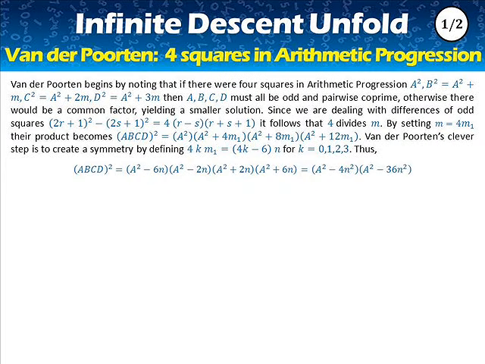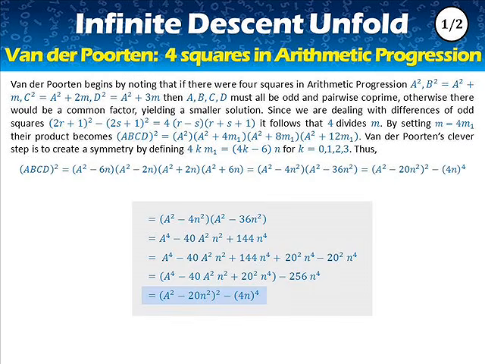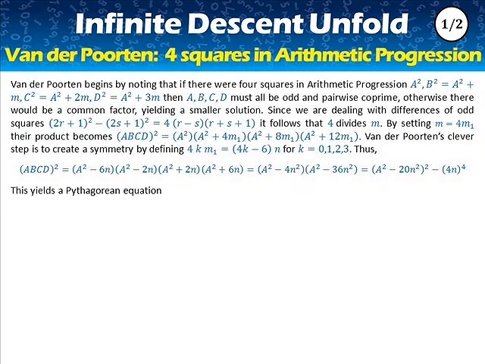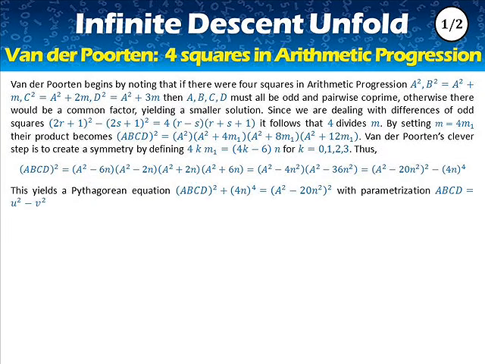We can regroup these terms as a squared minus 4n squared times a squared minus 6n squared. And that in turn simplifies neatly to the square of a squared minus 20n squared minus 4n to the fourth power. This yields a Pythagorean equation with parametrization.